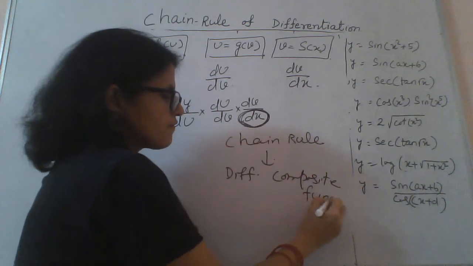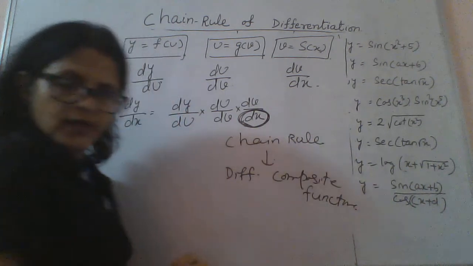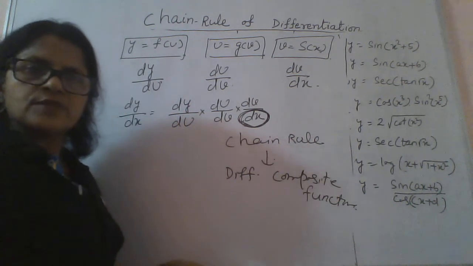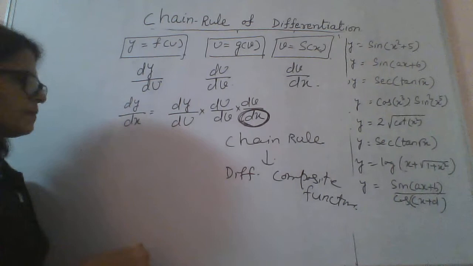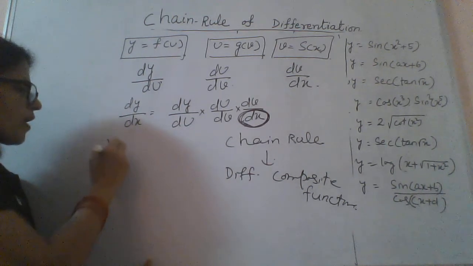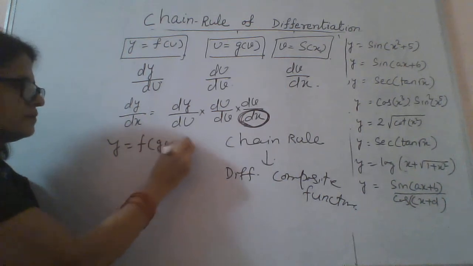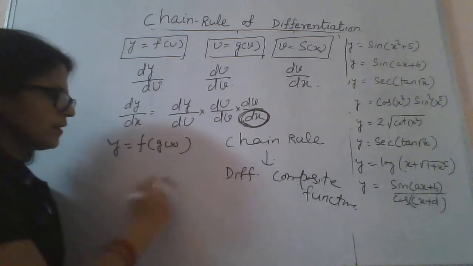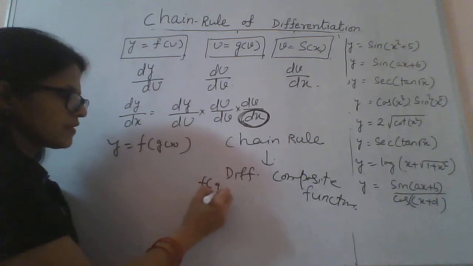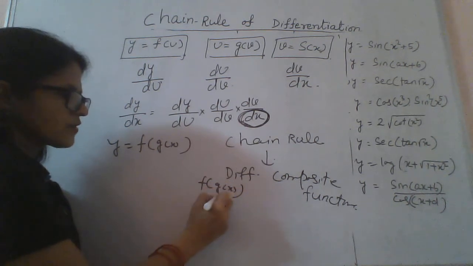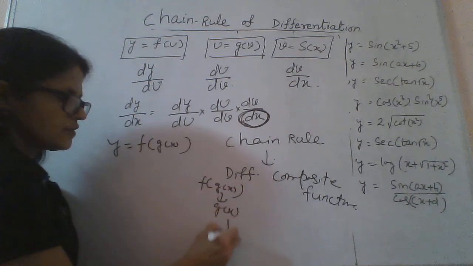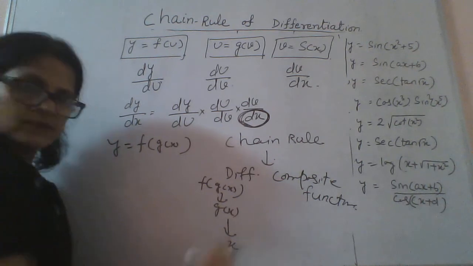Whenever we say f of g or g of f, suppose for example you have y equal to f of g of x. It means f is a function of g of x, and g of x is a function of x.